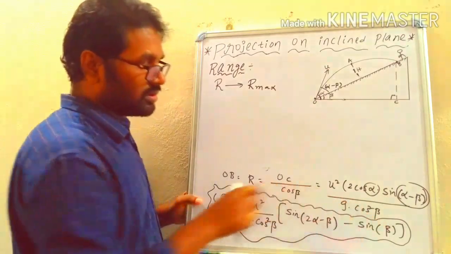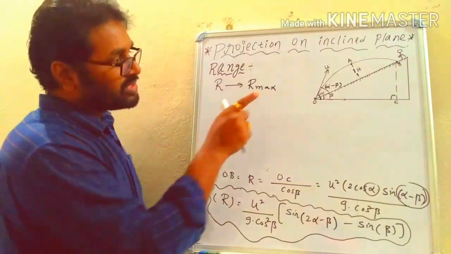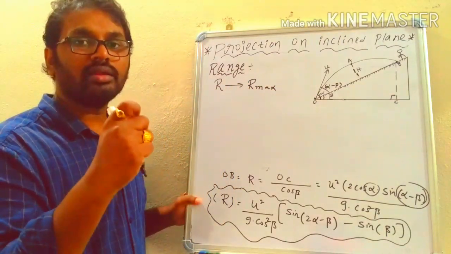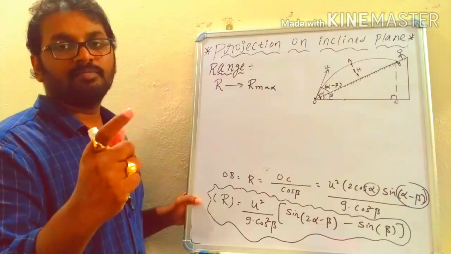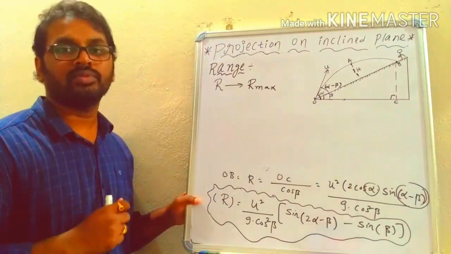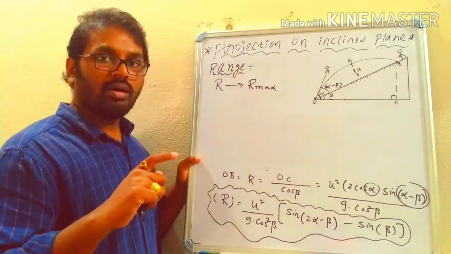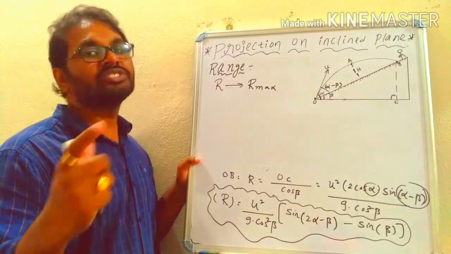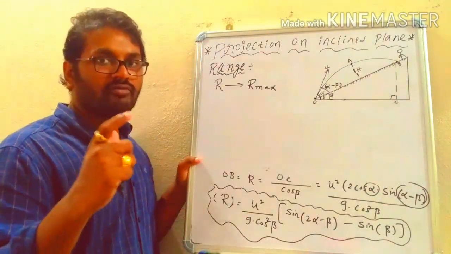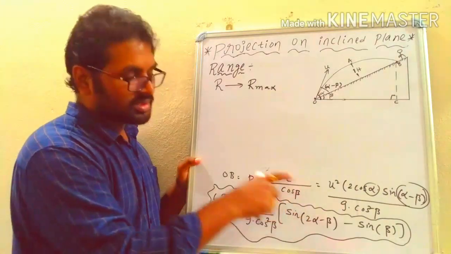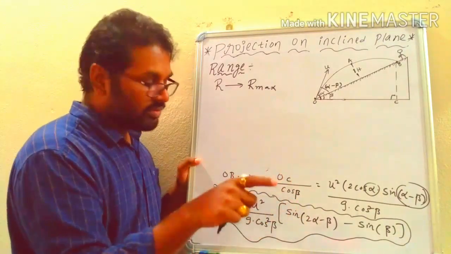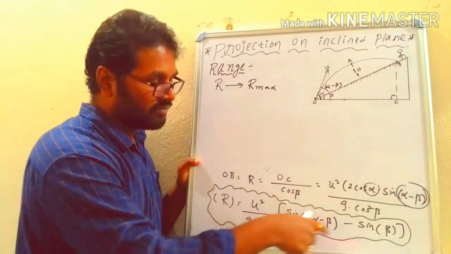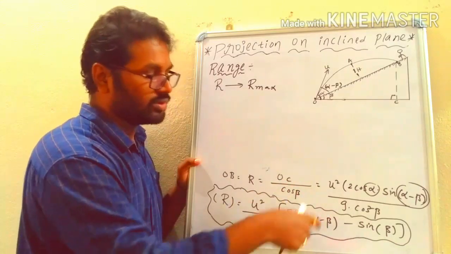And beta terms, which means that by changing the angle alpha, for a particular angle alpha, the range becomes maximum. Maximum or minimum in physics we can find by using differentiation. But instead of using that, by looking at the expression here, whenever the sine of something comes maximum, this is the ultimate value.